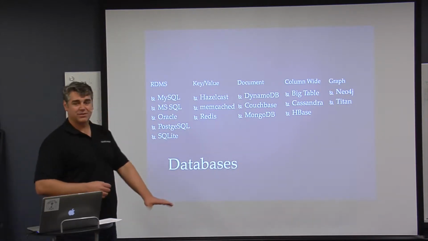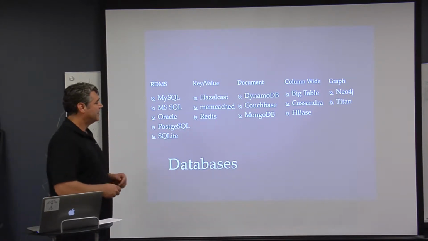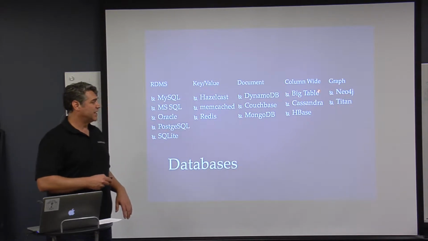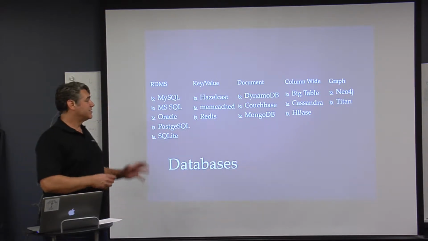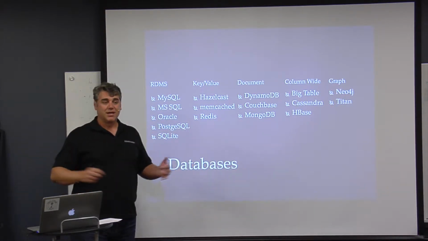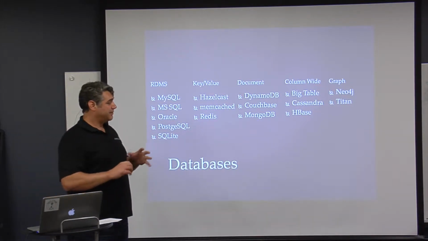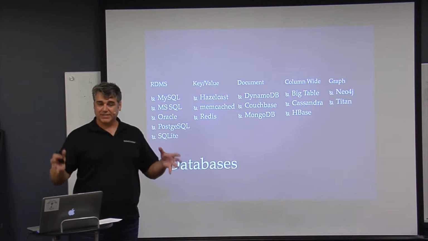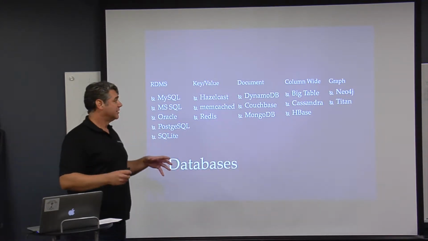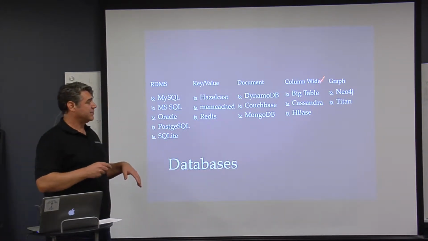You're just in the shallow end of the pool." So basically, this is Google's Bigtable, Cassandra and HBase. These are the column-wide tables. They are for high write, huge data sets and analytics.